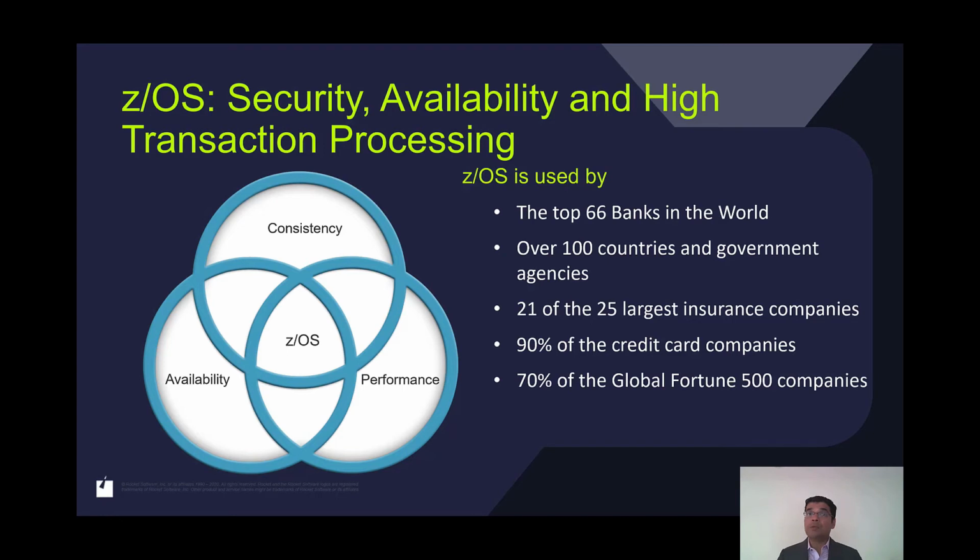But mainframe comes from that background. Mainframe unshackles, frees you from the constraints of the CAP theorem, and it can deliver consistency, availability, and performance all at the same time to the application, so the application providers can focus on what they want to focus on, which is building business logic.